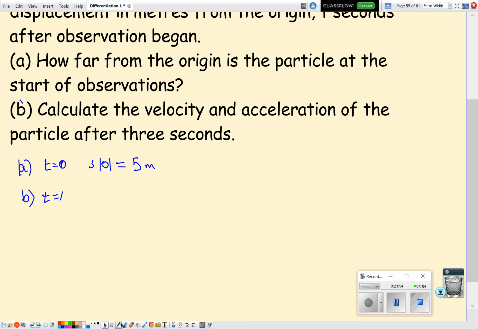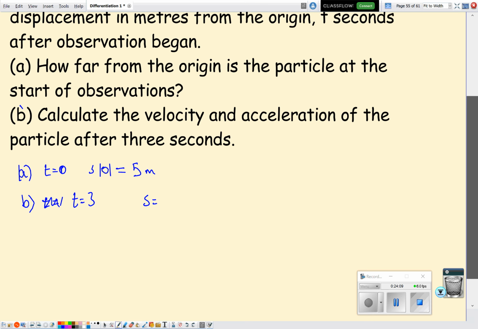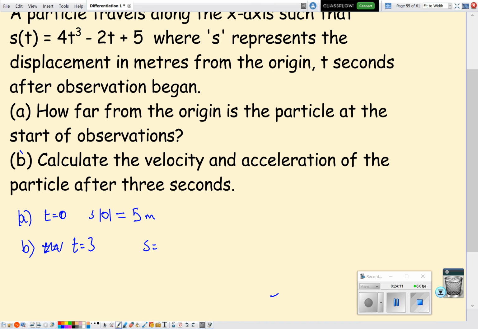Okay, so at t equal to 3, for part B, we just now need expressions for velocity and acceleration. So we've got our expression for displacement, which I'll just write down again: 4t cubed, take away 2t, add 5.